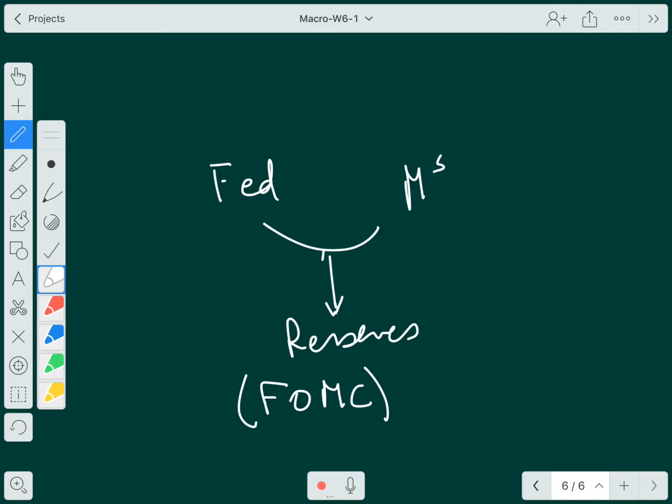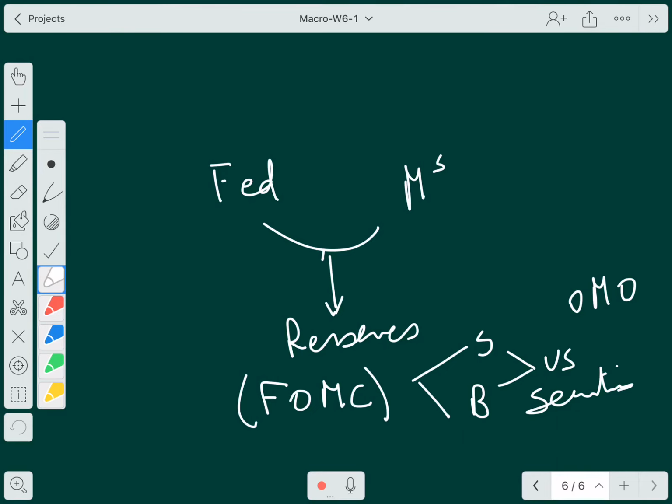And they are affecting reserves by either selling or buying US securities. Okay, through what we call the open market operations. Okay, it's very important to understand this link because if you understand this link, then we will keep expanding this analysis more as we proceed in this chapter.